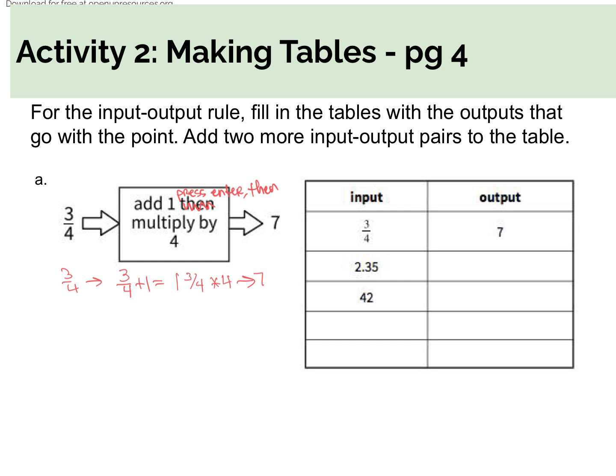Now our next one is 2.35. Grab a calculator. We're going to take 2.35 plus 1. Okay, that is 3.35.